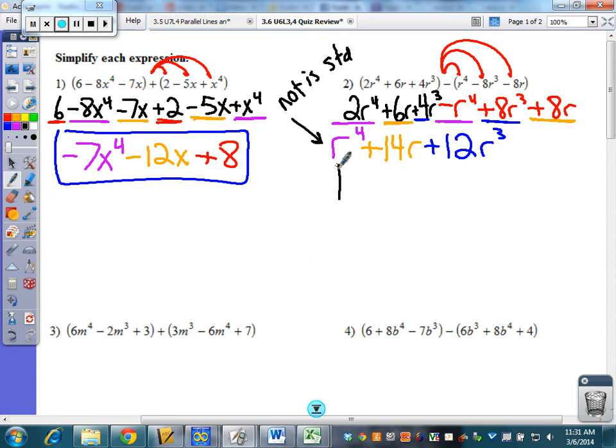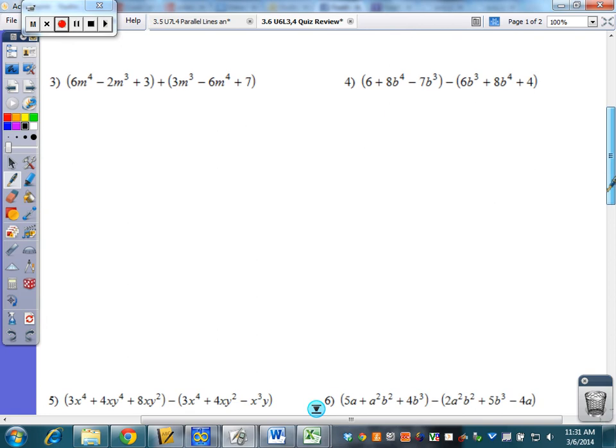The degree of this monomial is 4, the degree of this monomial is 1, and the degree of this monomial is 3. So when we rewrite this, we rewrite it as r to the fourth plus 12r cubed plus 14r.